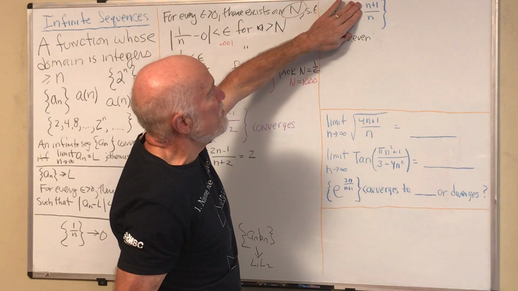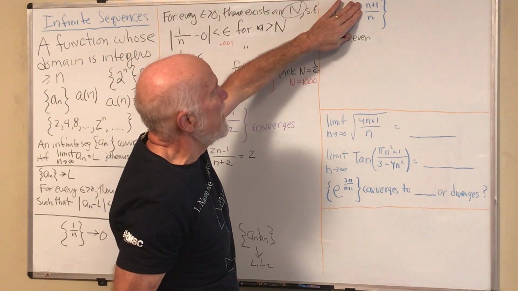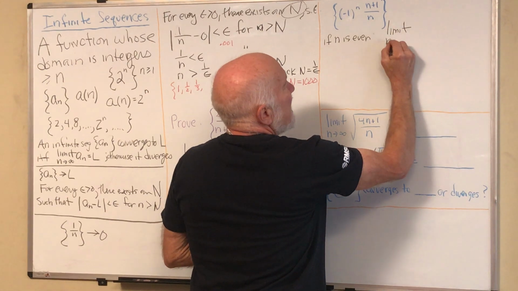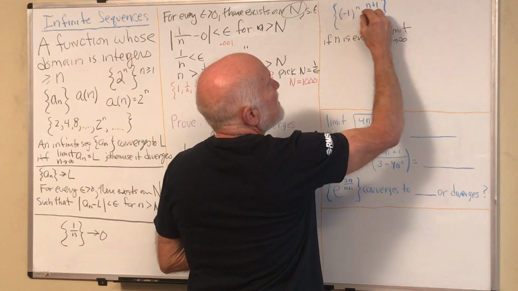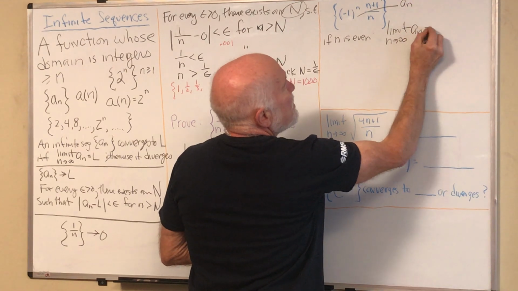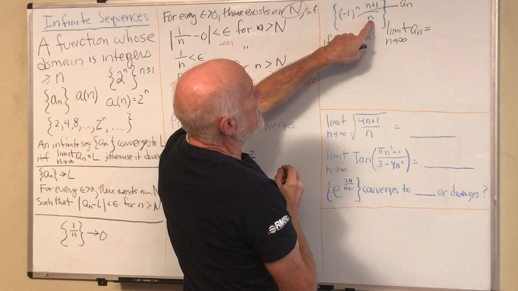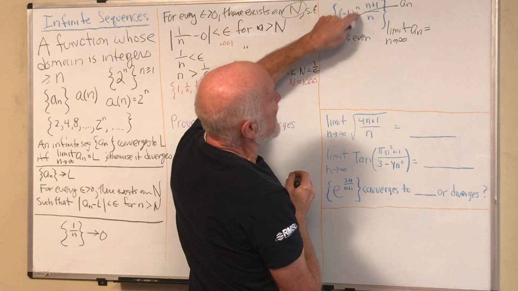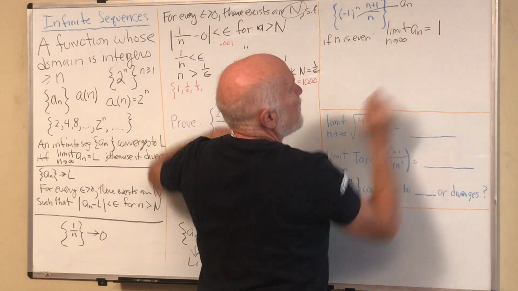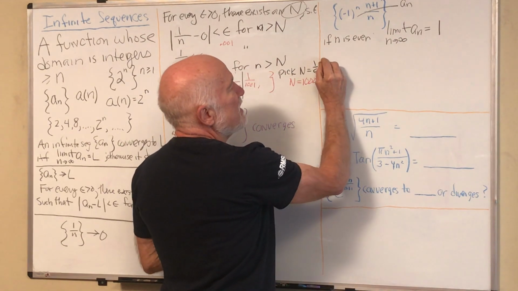So the sequence just becomes n plus 1 over n. So if we took the limit as n approaches infinity, let's just call this a sub n, what are we going to get? We're going to get the limit as n approaches infinity of n plus 1 over n. Looking at the highest powers, we know that's going to just be 1.